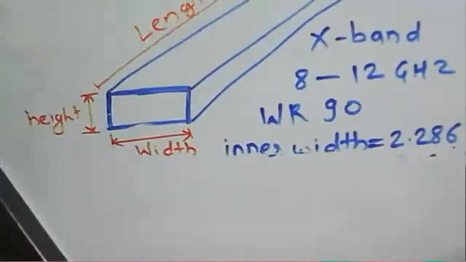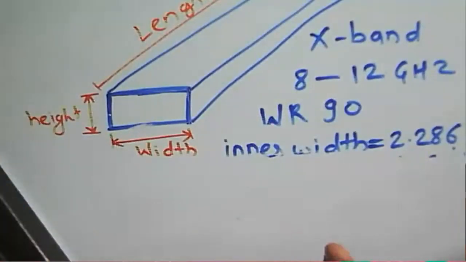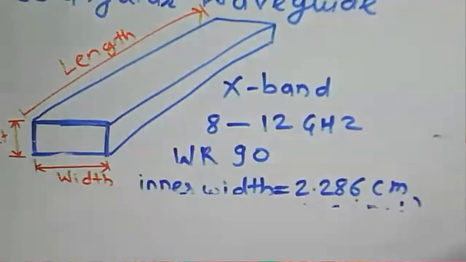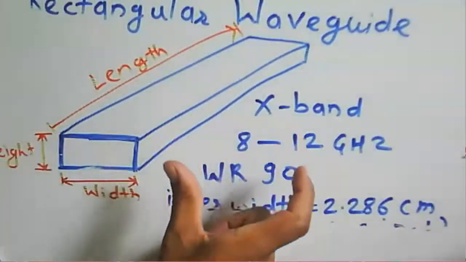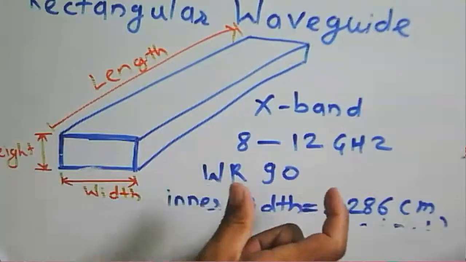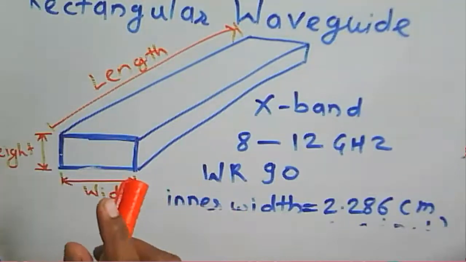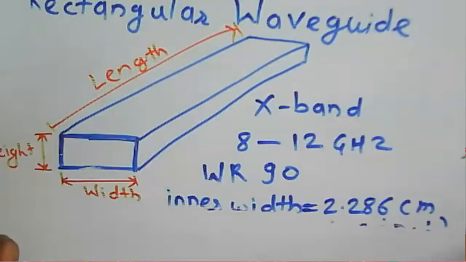And we can say that it has various modes of propagation, depending upon the waveguide and which band we are using. So that is about the waveguide and its components. Now we talk about the advantages of this waveguide.